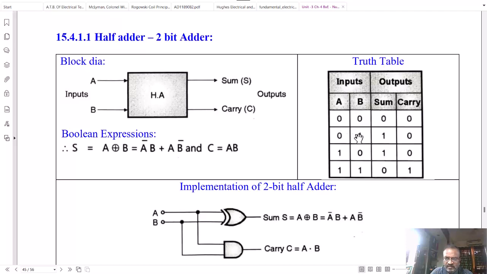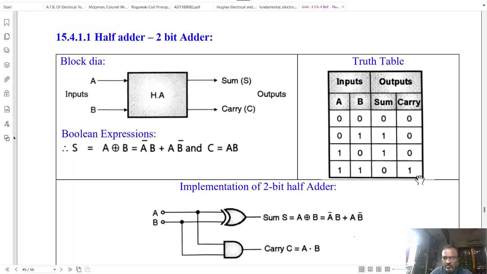So in the second row, A is 0, so we will take A complement, and B is 1, therefore we will take B. So the first term will be A complement B. And in the third row, A is already 1, so we will take the variable as it is. B is 0, therefore we will take B complement. Now try yourself for the carry output. In the carry output, the first three rows are 0 here.